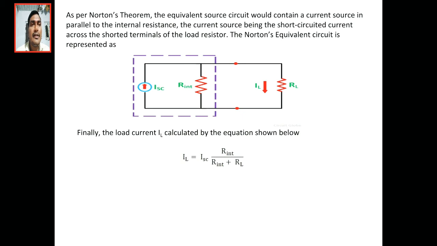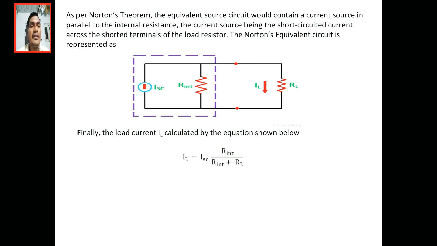The current flowing through that element is IL. RL and the internal resistance are in parallel, so we use the current division rule. The current division rule says that the current through one element in a parallel network is the total current into the opposite resistance divided by the total resistance.